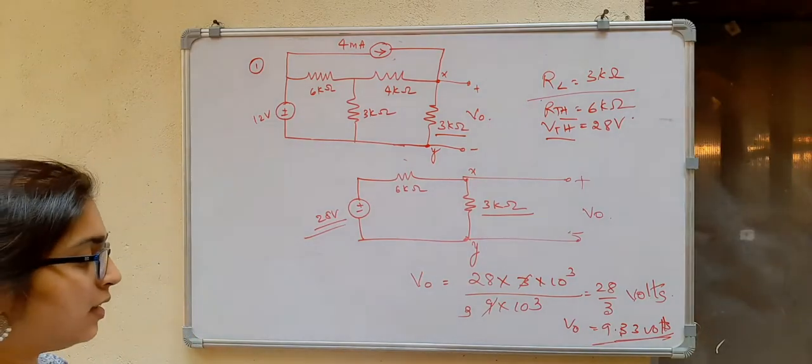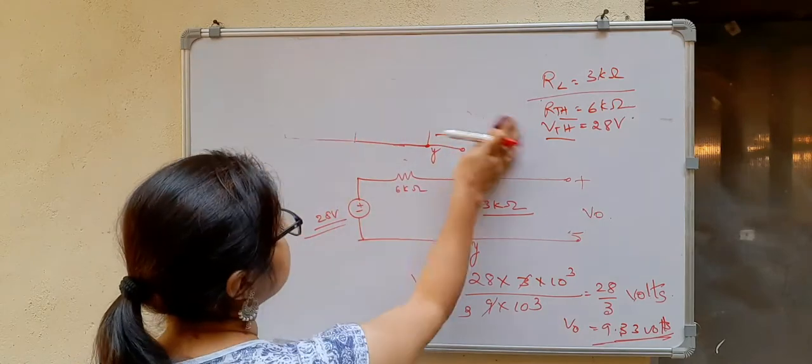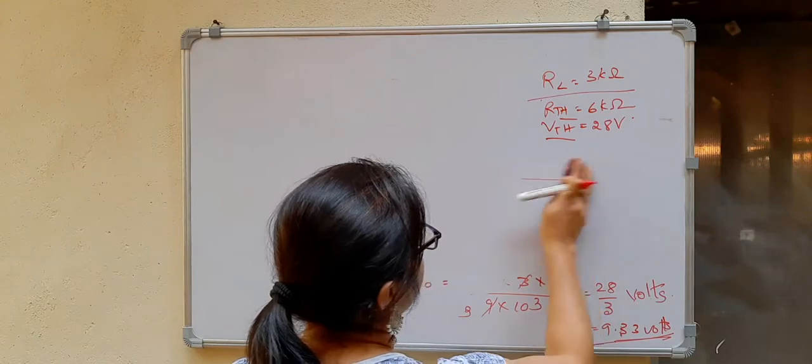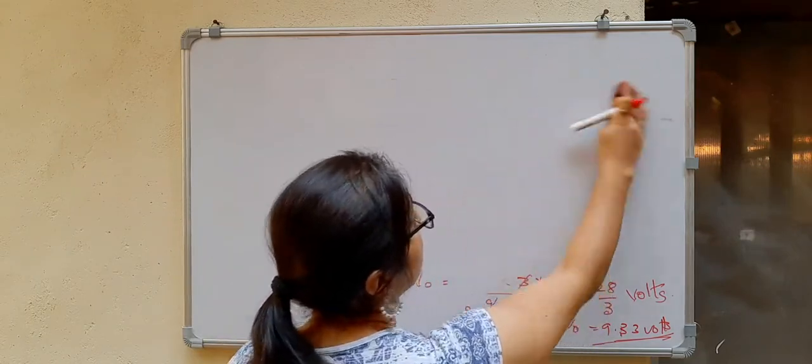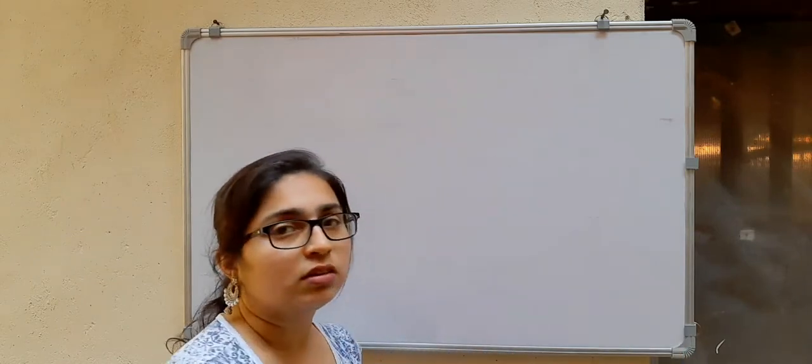So now let us take the second problem. I had discussed 3 cases: what happens when we have only independent sources, then both independent and dependent sources, and the third case was only dependent sources.